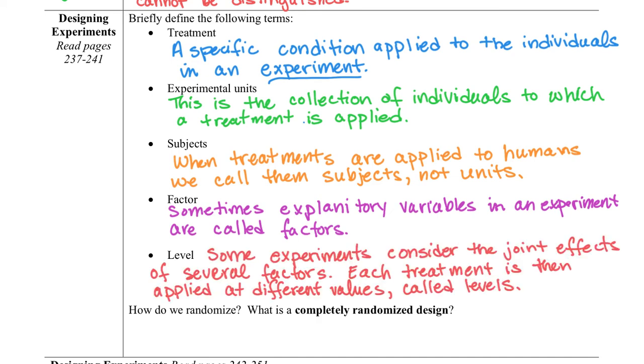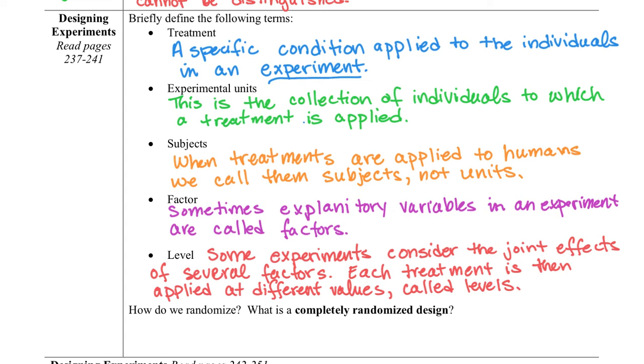Levels are a little bit trickier to explain, but some experiments consider the joint effects of several factors. So each treatment is then applied at different values, or we do some combination of things. A good example would be a medical treatment where you're giving some patients a new drug or maybe an ongoing drug.